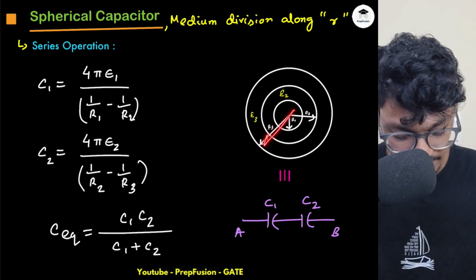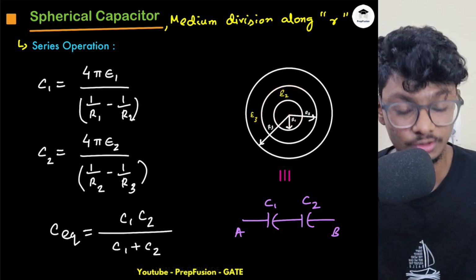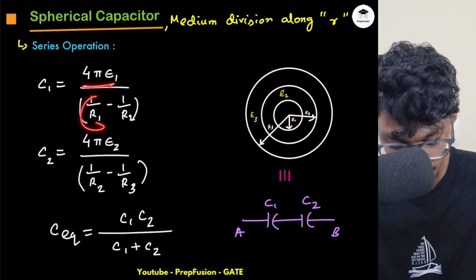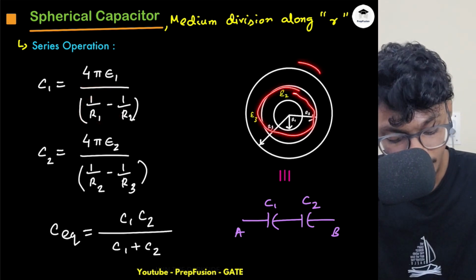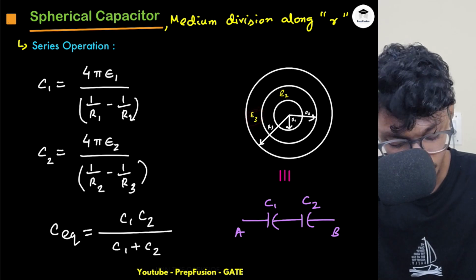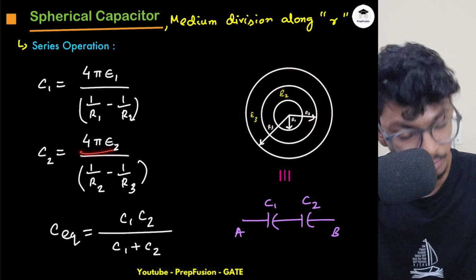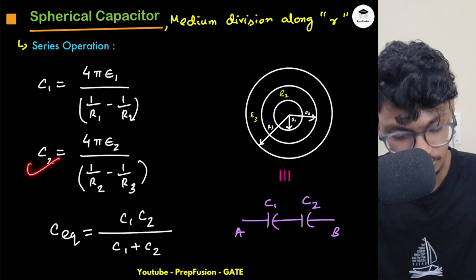So if I am moving in the radial direction, what will happen? First, due to these two spherical conductors, what will be the capacitance? It will be 4 pi epsilon by 1 over r1 minus 1 over r2. I hope you already know this, right? For the third case, you will just write the capacitance C3, which will be between this and this, then this and this. So it will be simply 4 pi epsilon 2 over 1 over r2 minus 1 over r3. This is the C2.